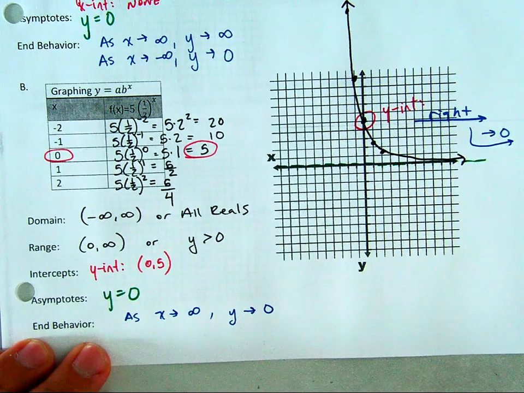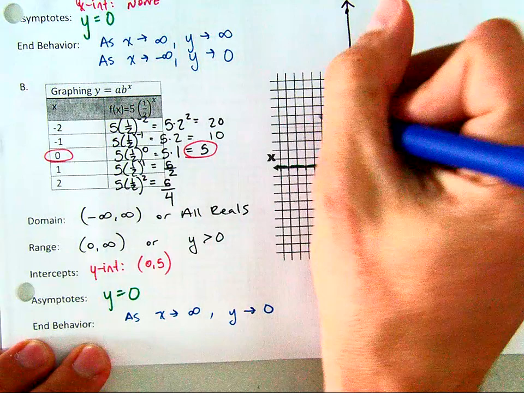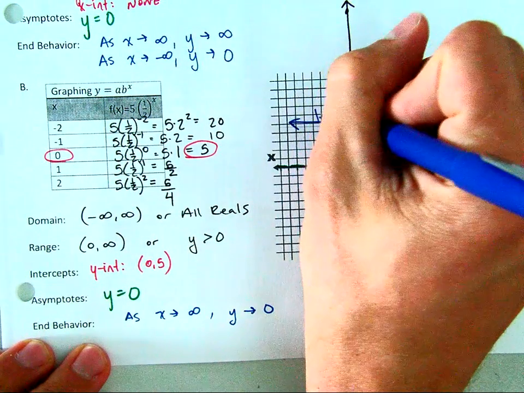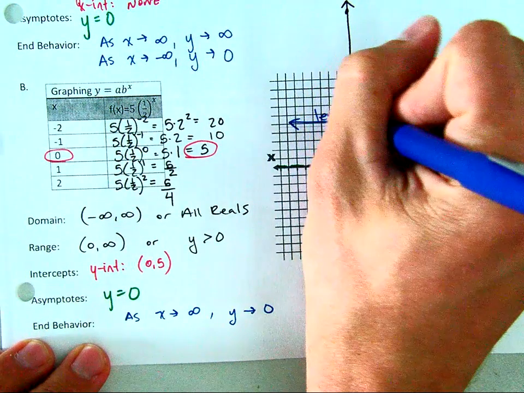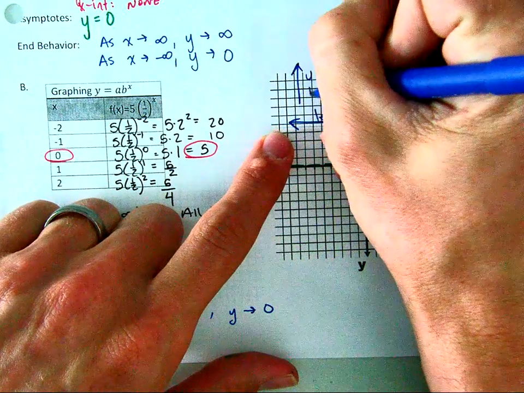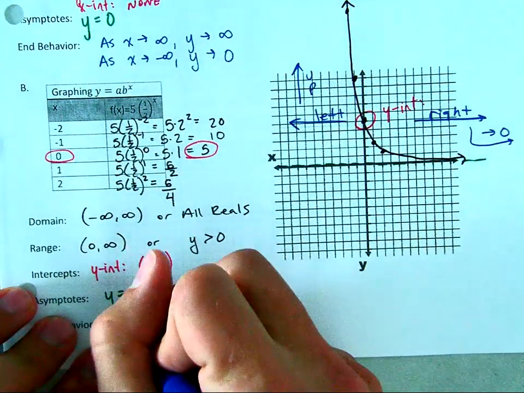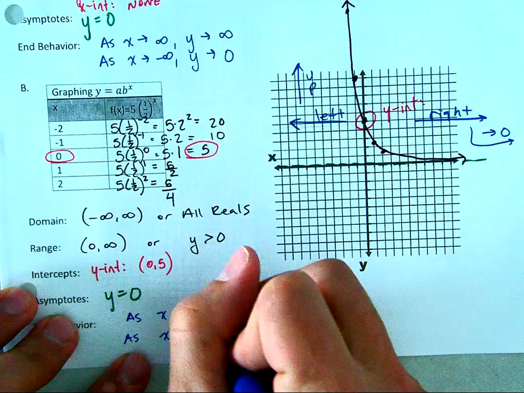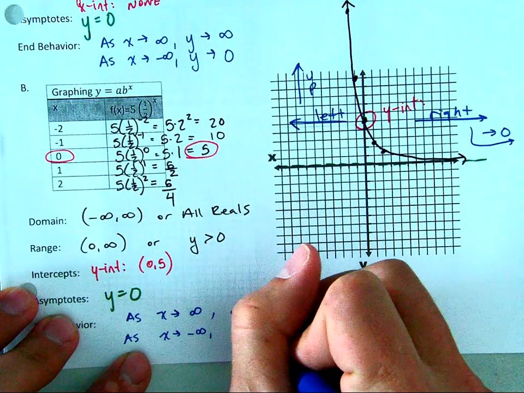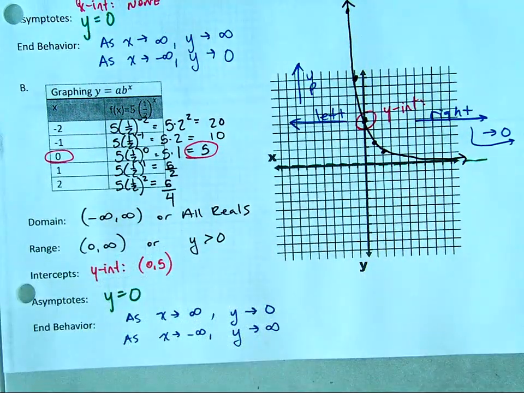But if we go to the left, what's happening? The graph goes up. So as x goes to negative infinity, y approaches positive infinity. Right? All right, so those are just looking at some of those key features, and we'll see them in different types of graphs as we go along.